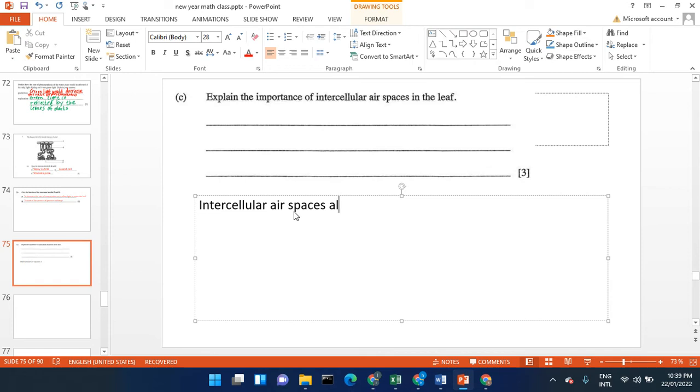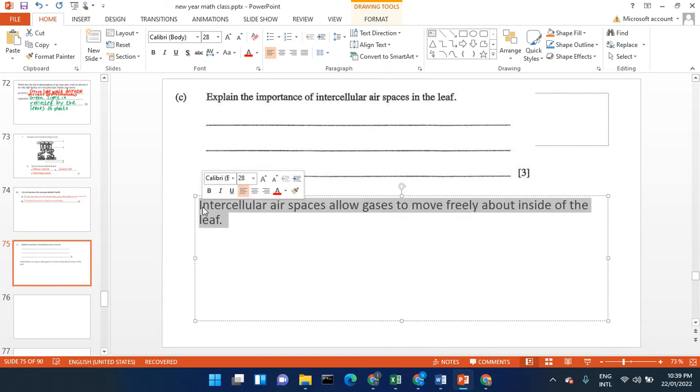What are they going to do? They allow gases to move freely about inside of the leaf. So that's one good importance of the intercellular air space. They're going to allow gases to move freely about inside of the leaf.